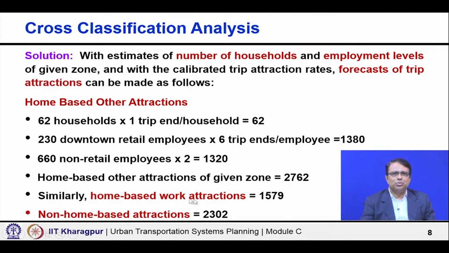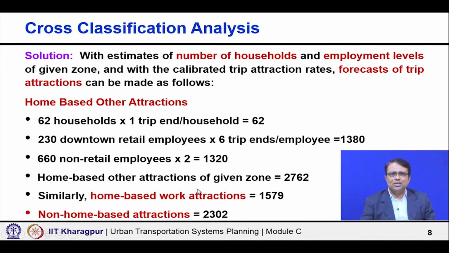So, home based work attraction comes out to be like this. The number is not important, but how we are calculating, how we are applying, that is what is of interest to us. And then in the same way we calculate non home based attractions. In each case we use the 62 households, 230 downtown retail employees, 660 non-retail employees, but with rates 1, 6 and 2 in this case.